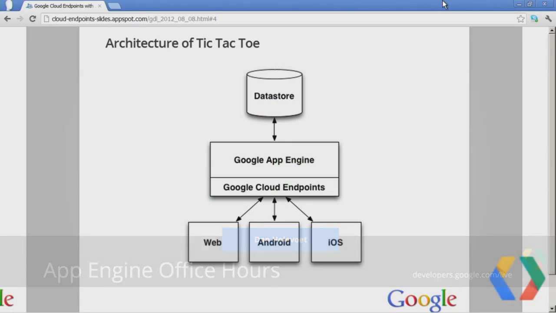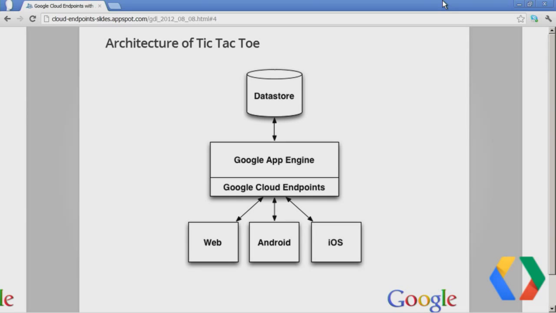If you saw any of the content that we shared at I/O, whether it was the session that I was participating in or the code labs or some of the other sessions, one of the things that we showed off was a simple tic-tac-toe application that would allow you to power a simple web game or an Android game or an iOS game that let you play tic-tac-toe. And so this is a very simple diagram showing you what the very basic architecture is for that game.